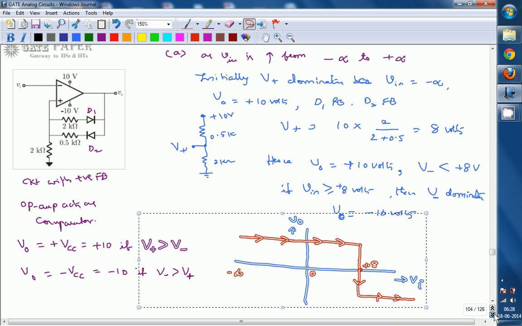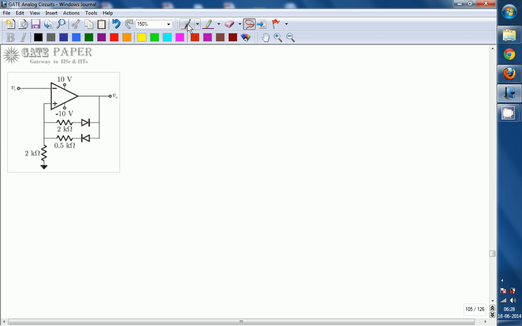Next, we will go for the second case, that is B. Now as V input is decreasing from plus infinity to minus infinity, V minus is initially having a large positive voltage.